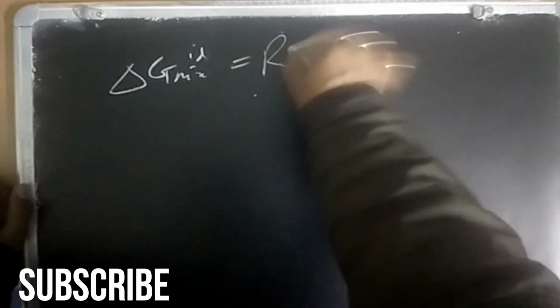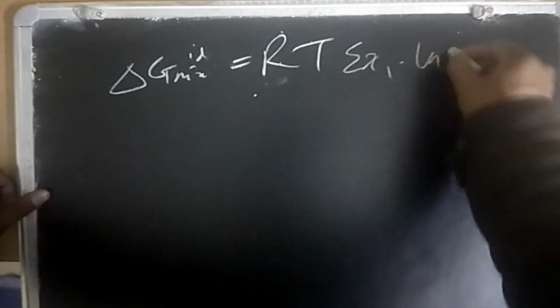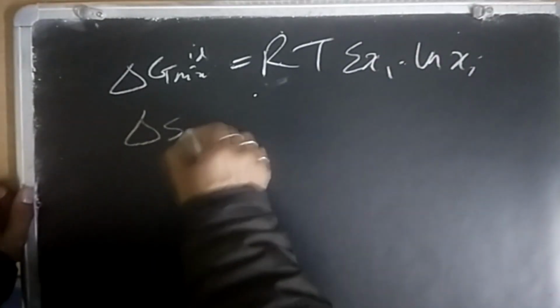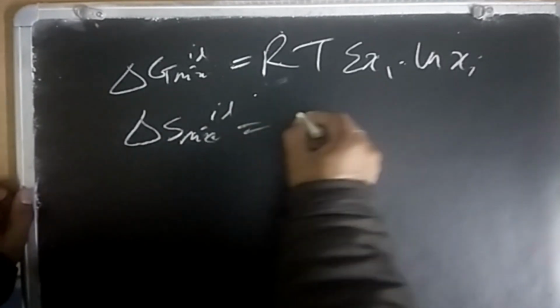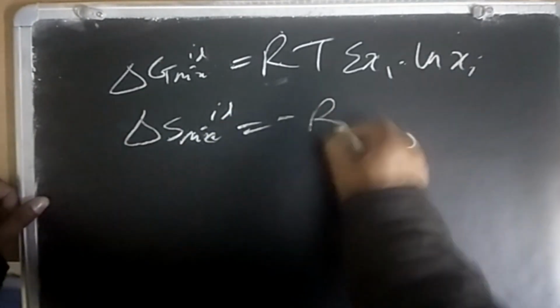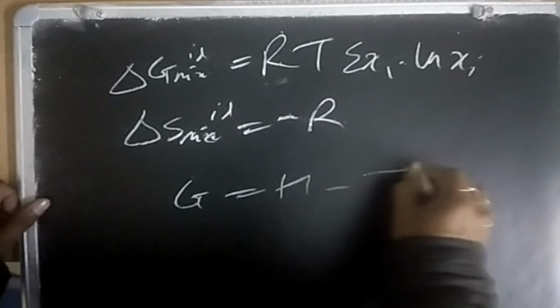Next, we know that delta H mix for ideal is 0, and delta V mix for ideal is also 0. And then we know one more thing, that delta G mix ideal is equal to RT summation xi ln xi, and delta S mix ideal is equal to, remember this, that we know G is equal to H minus TS.